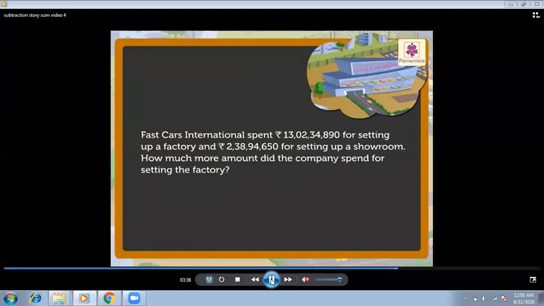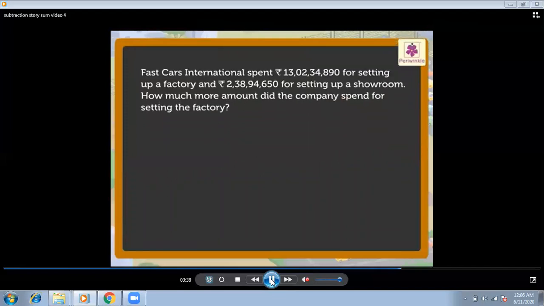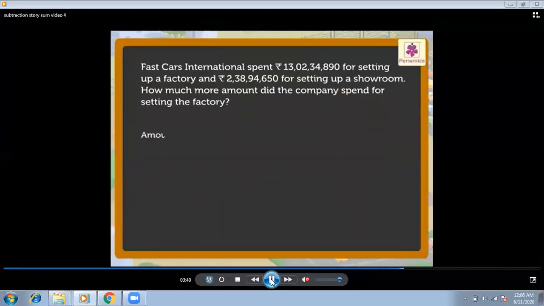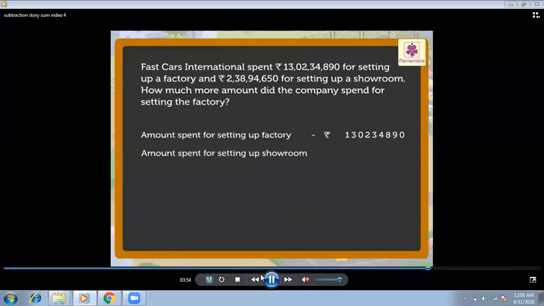How much more and how much less? These are the terms that are used in subtraction. When these terms are used, it will be easy for you to recognize which operation is going to apply in the story sum. Means what they're asking, there's a company who has set up a showroom and a factory.